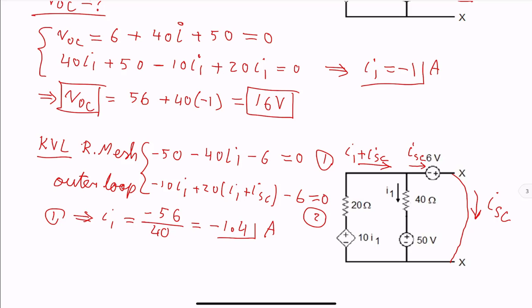From equation 2, we have 10 I1, that's negative 10 plus 20, plus 20 I short circuit, minus 6 equal to 0.